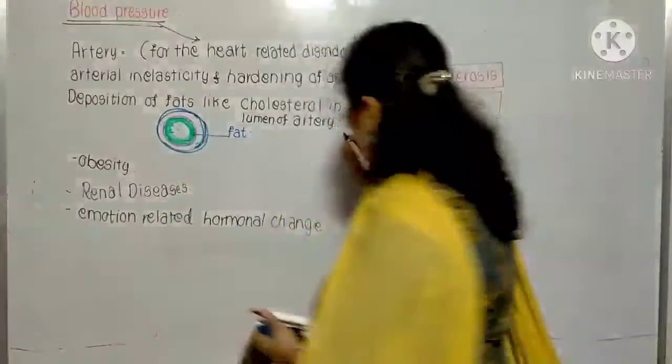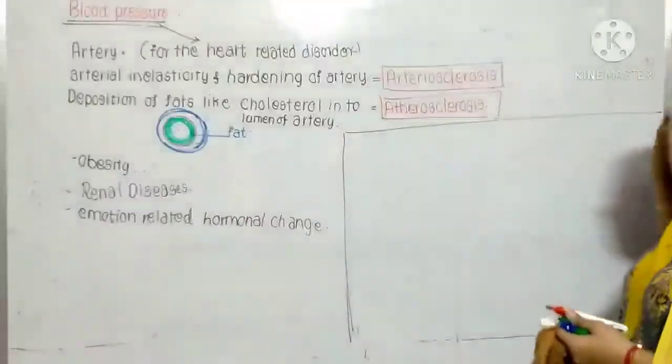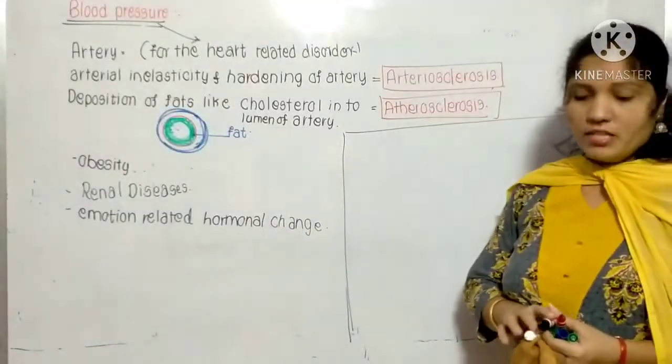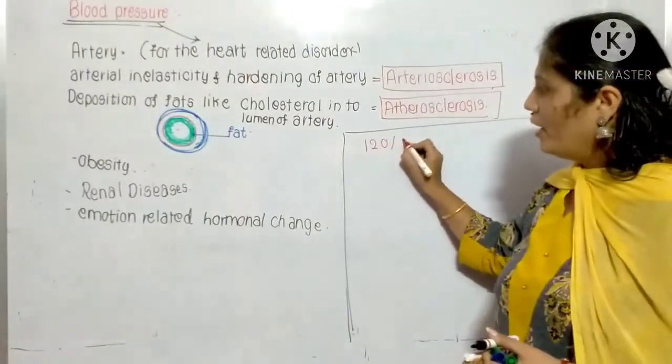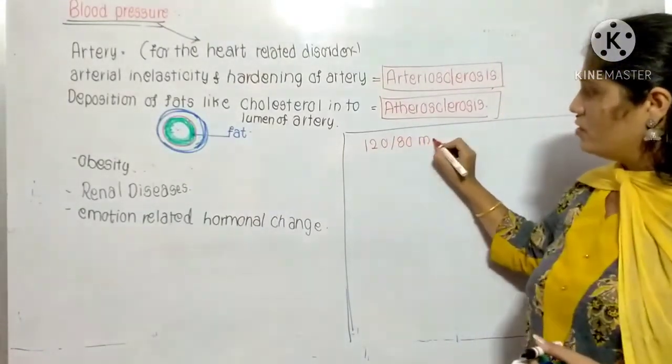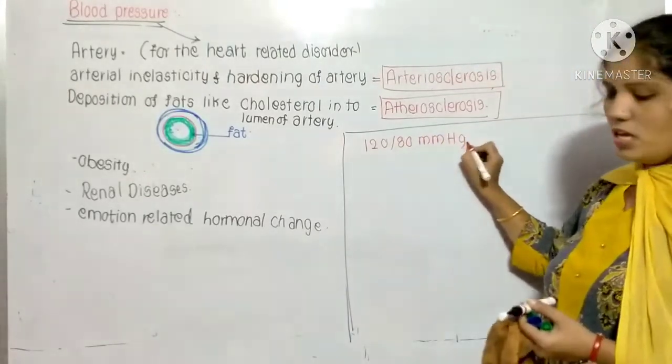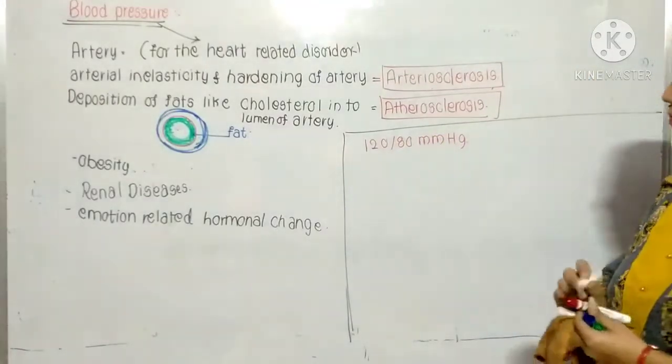Now one more thing I will explain to you: the normal blood pressure, how much did I tell you, 120/80 mmHg. This is the normal blood pressure.